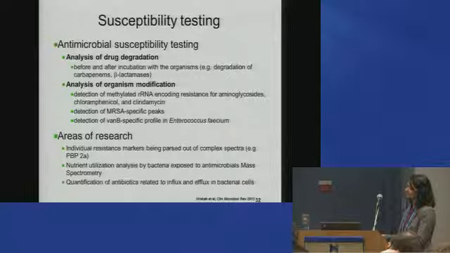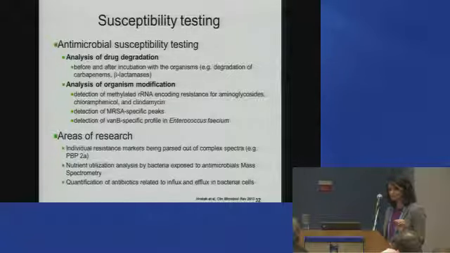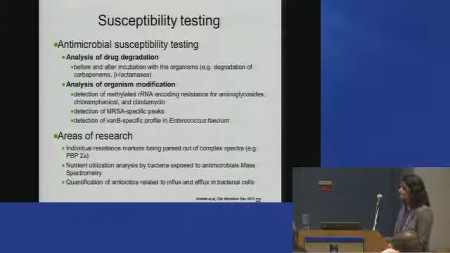Or you can look at the protein modification as a result of drug resistance. So detection of methylated ribosomal RNA-encoded resistance for aminoglycosides can be looked at. If you have a Staph aureus versus an MRSA, can you identify specific protein peaks that will help you identify the organism better? Or for vancomycin resistance, Enterococcus faecium, can you look for a VanA-specific profile?